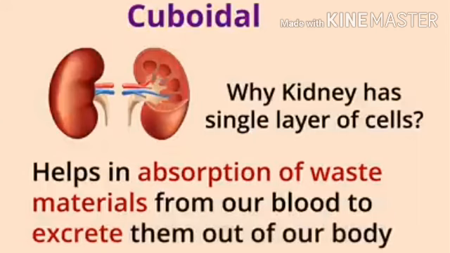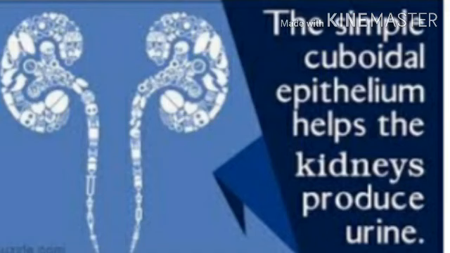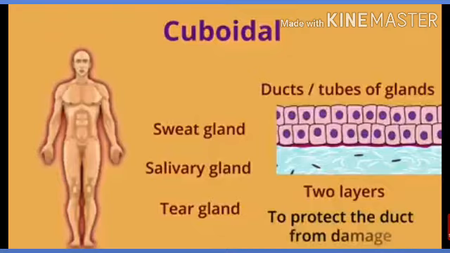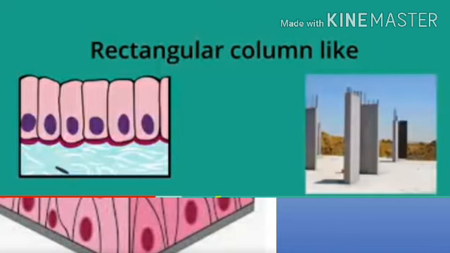Here you can see why kidneys have a single layer of cuboidal cells. This is because it helps in absorption of waste materials from our blood to excrete them out of our body. Stratified cuboidal epithelium provides mechanical support and it also helps in the formation of gametes.